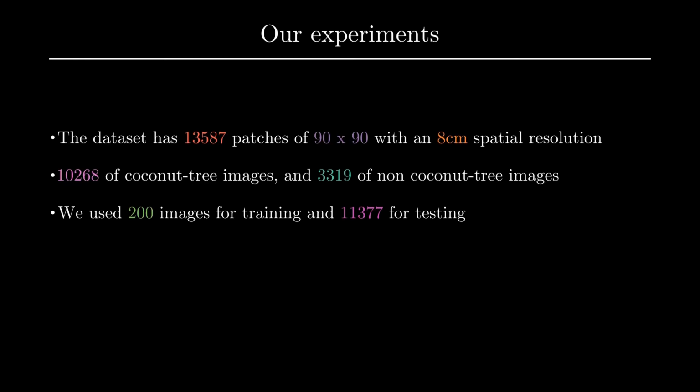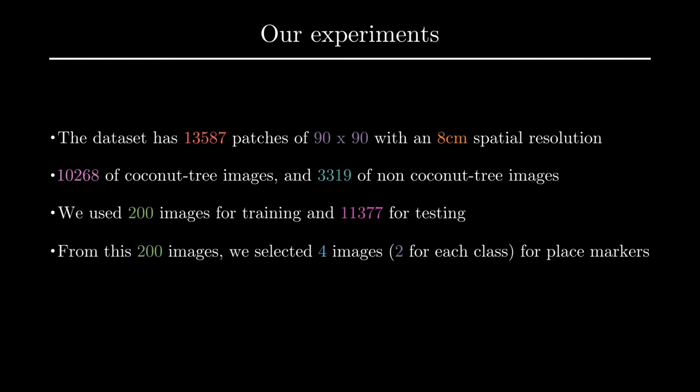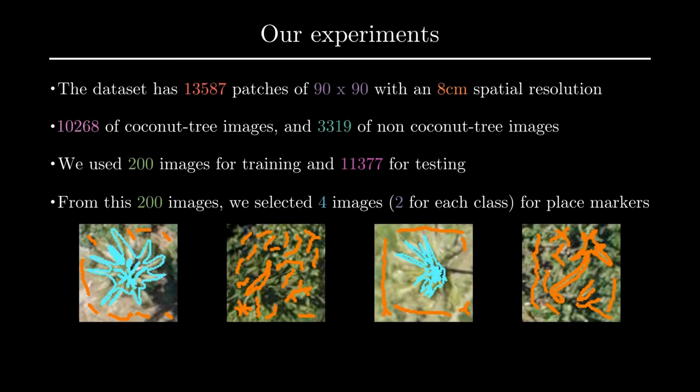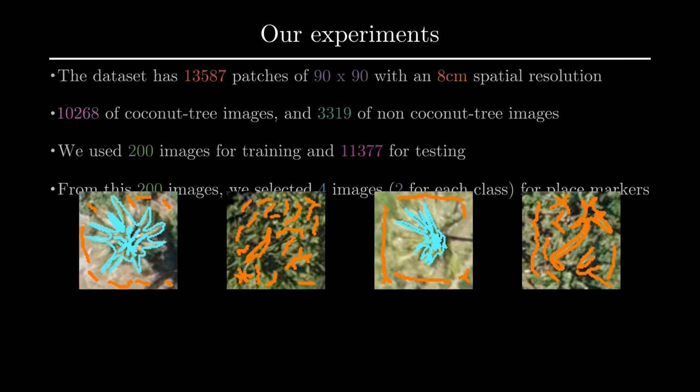The idea of such a small training set is that we believe that our method does not require a larger number of labeled images for training. We selected 4 images to place markers, 2 for the coconut tree class and 2 for the non-coconut tree class. We made this division between training set and test set 3 times and repeated the same experiments also 3 times. We took the mean and standard deviation of the metrics.